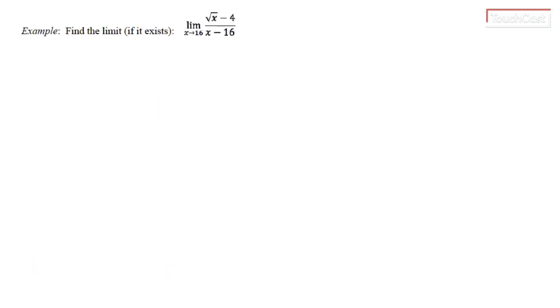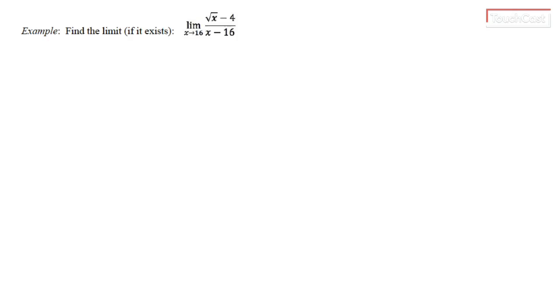This next problem, we can attempt substitution again, but if I replace x with 16, I'm going to have 4 minus 4, 0 over 16 minus 16, again 0. So same problem. I can't use substitution, and factoring and canceling isn't going to help me here unless you're thinking of factoring in a very advanced sort of way.